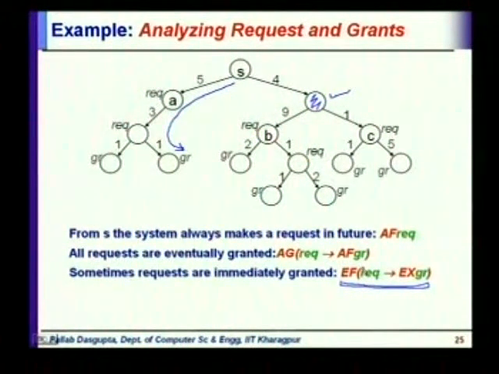This property request implies EXGR is true here vacuously. What is this request implies EXGR? It is not request or EXGR. I can break up this property and write it as not request or EXGR. But then not request is true here. So this sub property is true here. And then I can say that look, here is a path where in future this sub property holds, right?